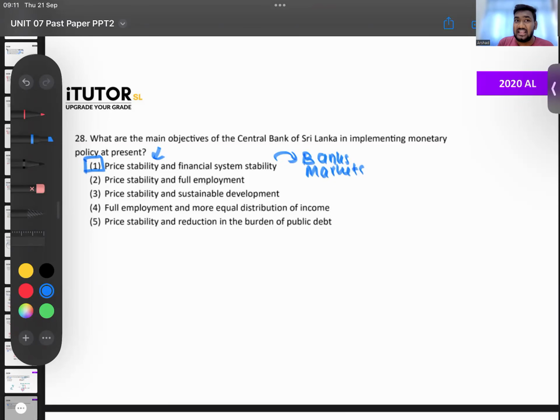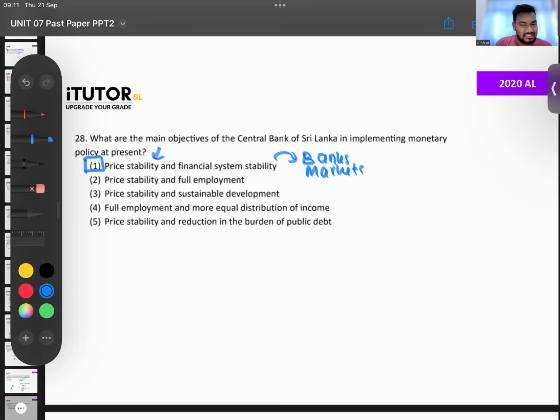That is financial system stability. Yes, kind of like a bank run. If there is a bank run, to make sure that it doesn't happen, because if one bank collapses, all the other banks will eventually collapse because people will lose confidence.